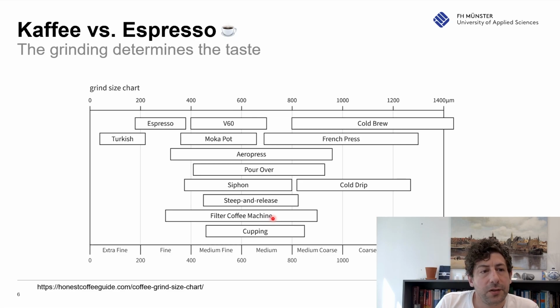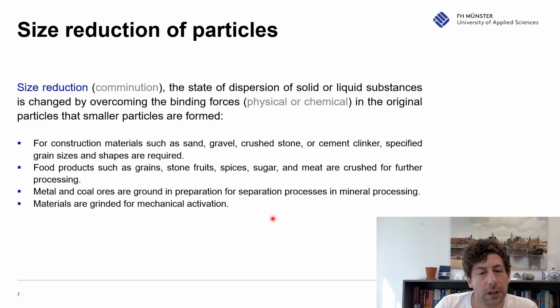So with these two examples, I would like to start with size reduction of particles. And size reduction, which is generally named comminution, means the state of dispersion of a solid or liquid substance is changed by overcoming the binding forces, which can be physical or chemical, in the original particles so that smaller particles are formed.